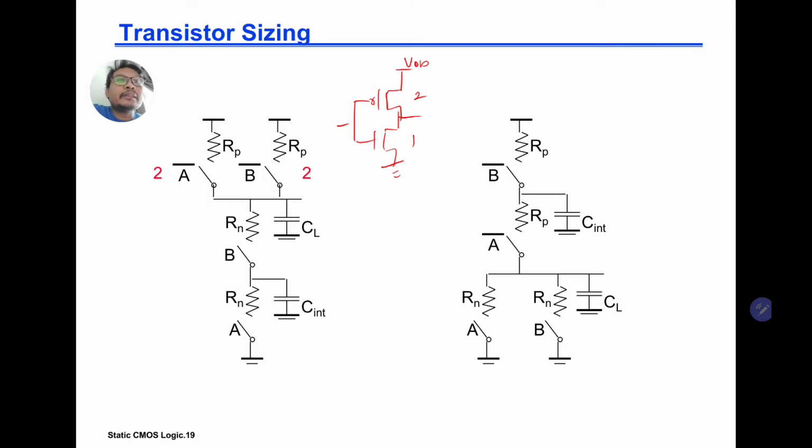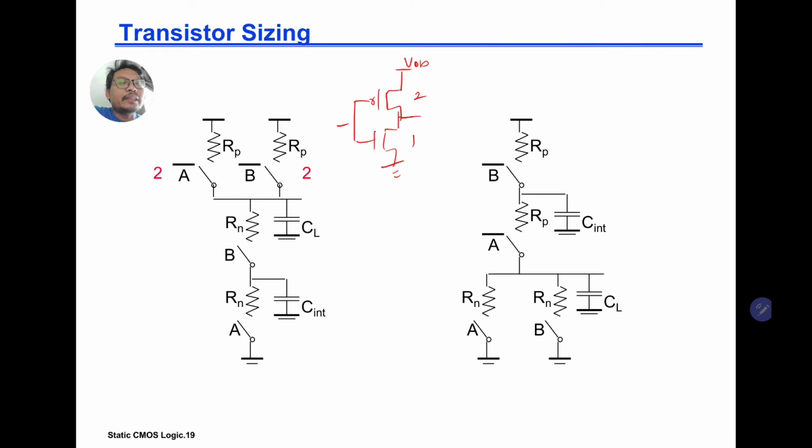So basically, when we size logic gates, complex gates, we want the effective capacitance, the effective size of the PMOS side, to be 2 times bigger than the effective size of the NMOS side.